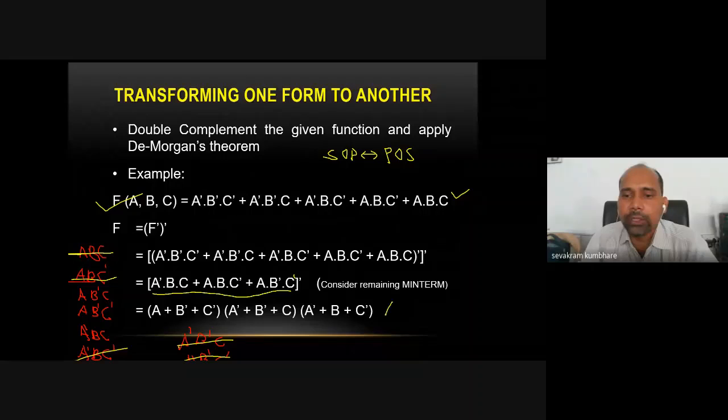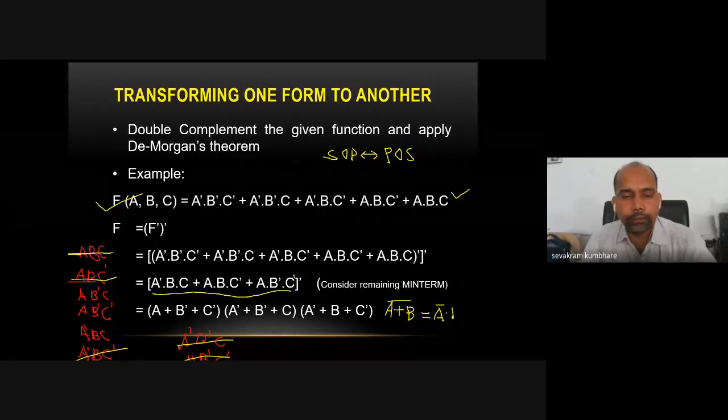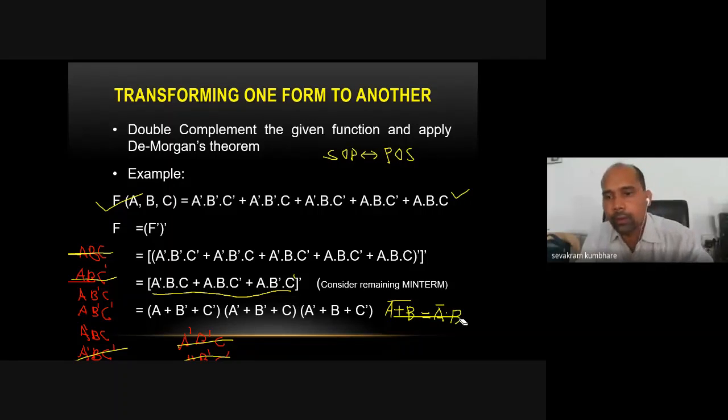De Morgan's theorem says A plus B whole bar is equal to A bar dot B bar, right?